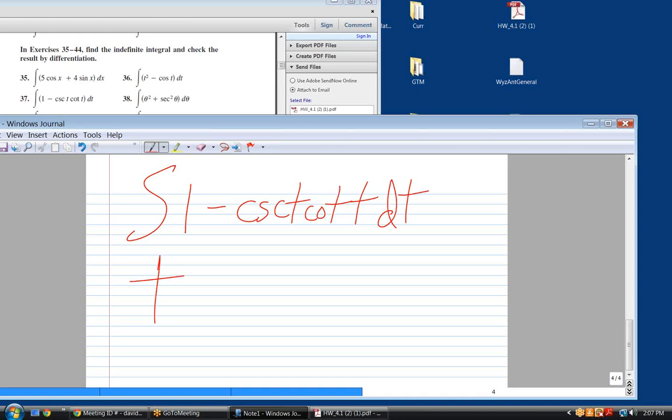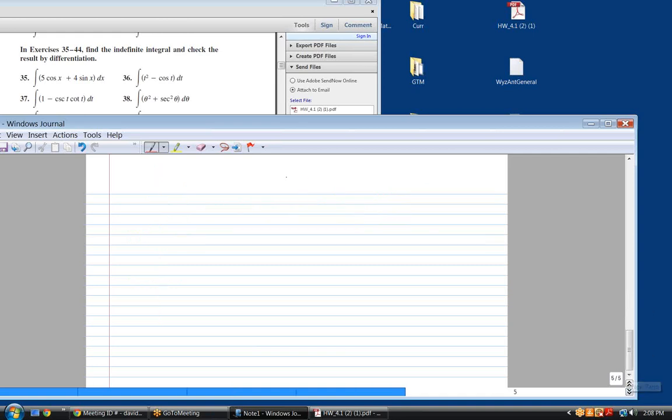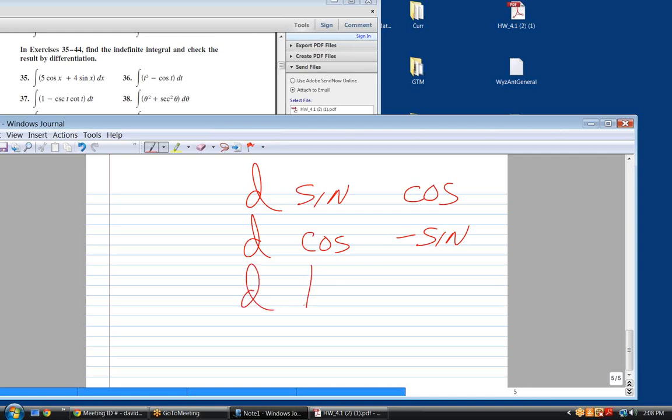In terms of memorizing your trig functions, let me help you. Notice that the derivative of sine is cosine. The derivative of cosine is minus sine. The derivative of tangent is secant squared. The derivative of cotangent is minus cosecant squared. See the pattern here.